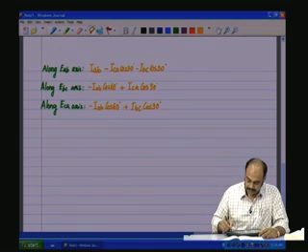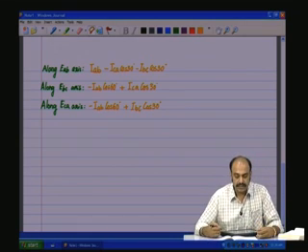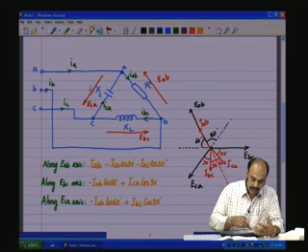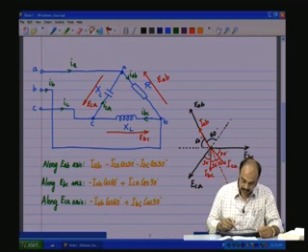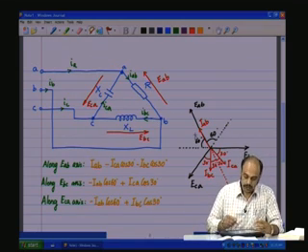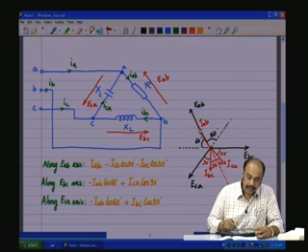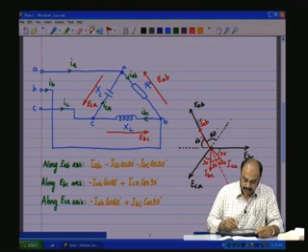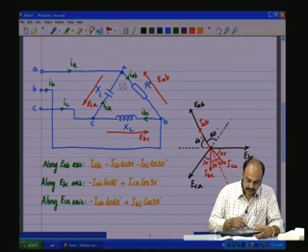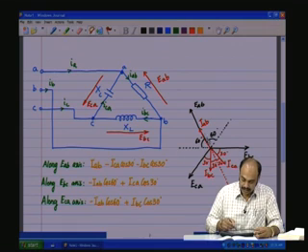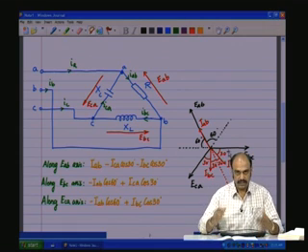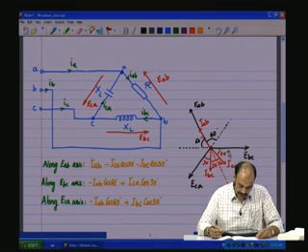If we want to make this load balanced, it should have a current along this, along this, along this, all of equal amplitudes. Then we have the equivalent of a resistive load, all having the same effective values, which means the whole system would be balanced.